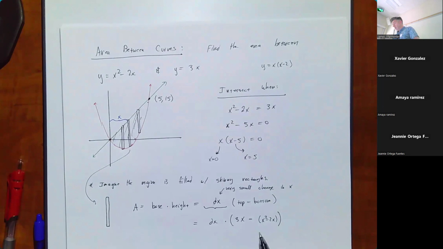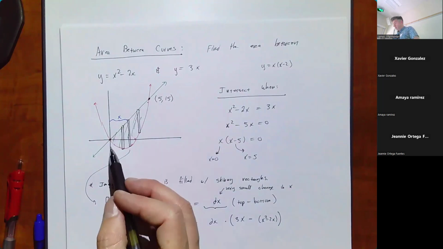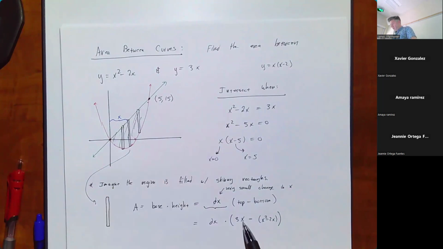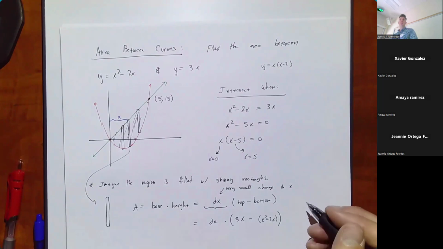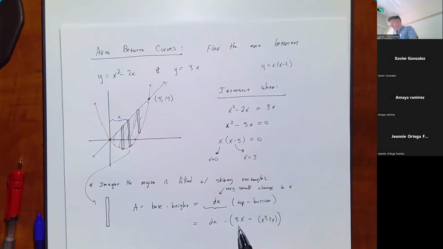So for example, if x were to equal 1, the height of the rectangle would be 3 minus 1 minus 2. And 3 minus 1 minus 2 is 4. And if x were to be 2, the height of the rectangle would be 6 minus 4 minus 4, which is just 6. So depending on how far left or right we are, we get a different height.